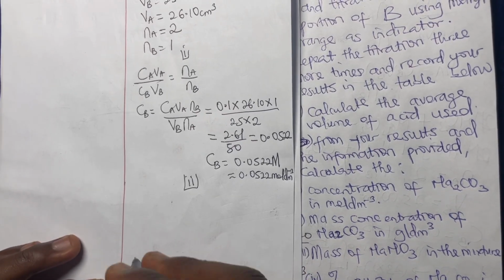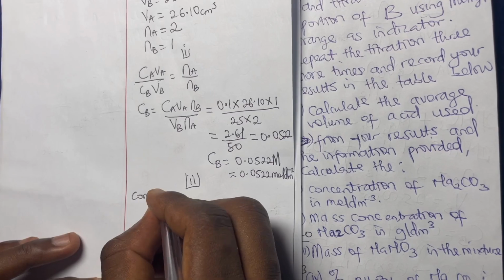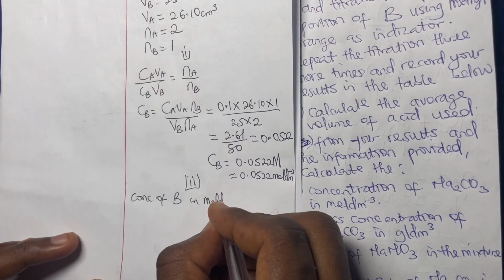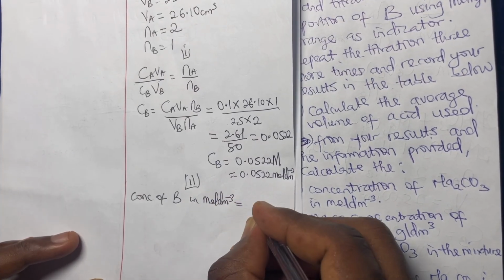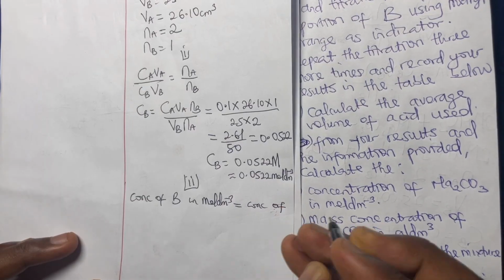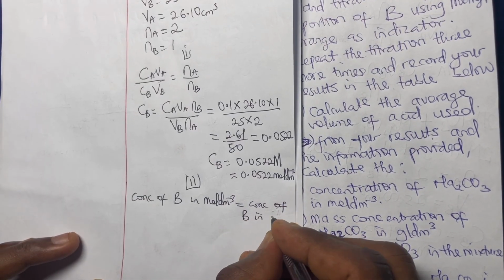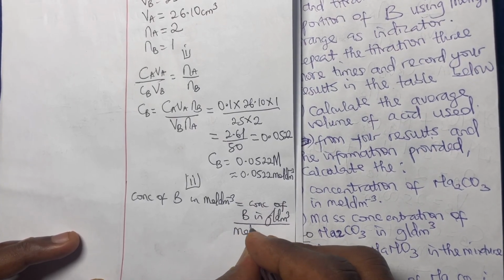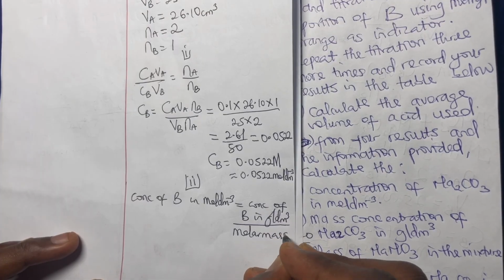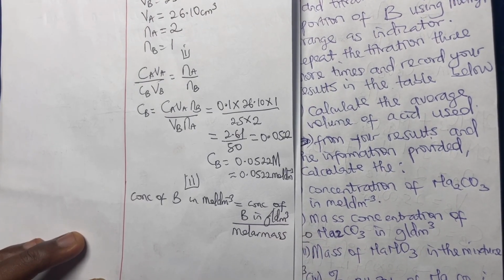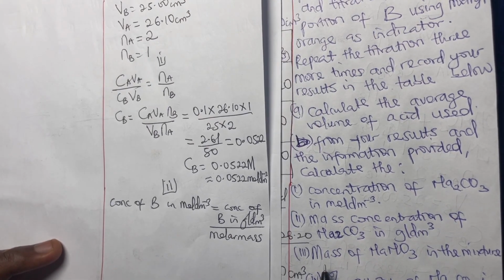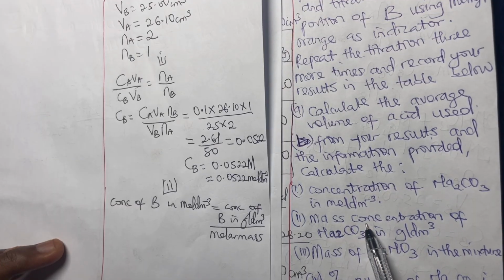So the formula to use in that place is concentration of B in mole per dm cube is equal to concentration of B in gram per dm cube all over molar mass.